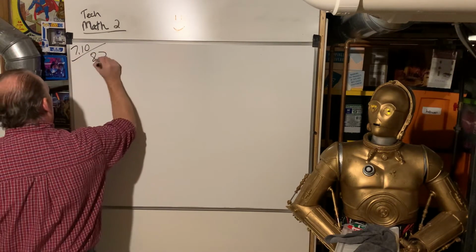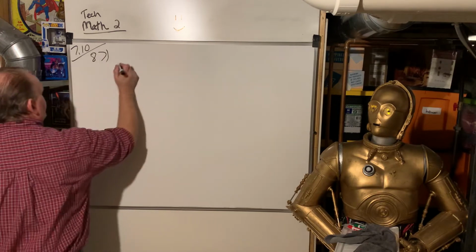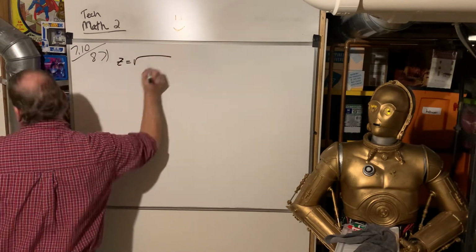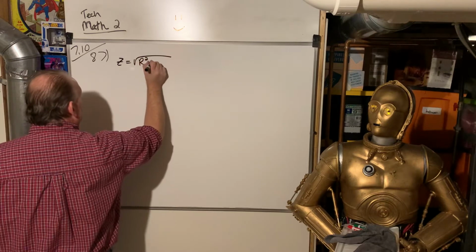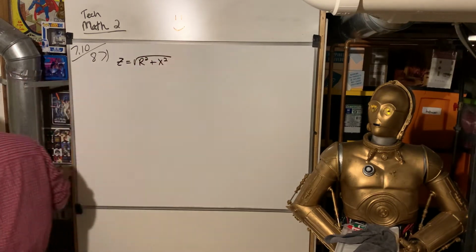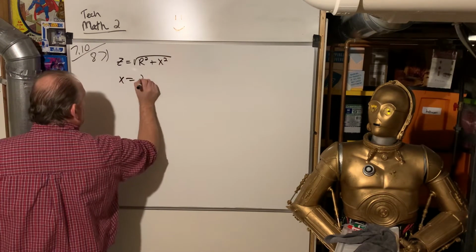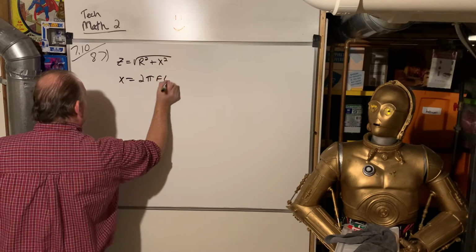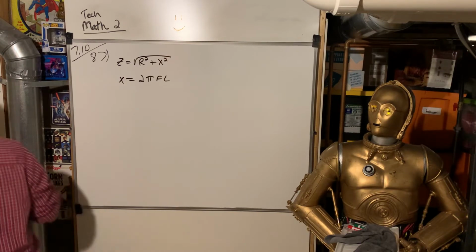So 87 is Z is equal to the square root of R squared plus X squared. And X is equal to 2 pi FL. And they want me to eliminate X and solve for F.